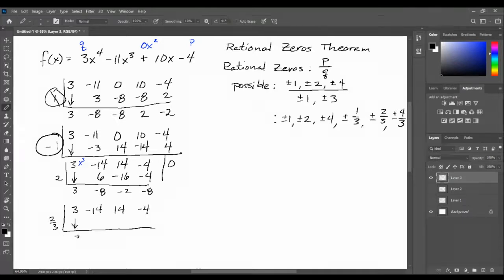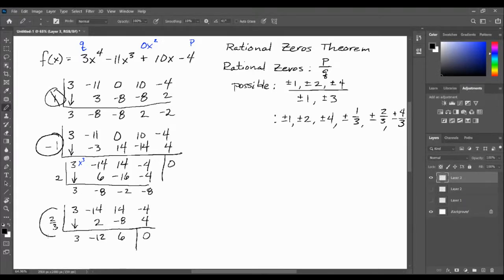Because when I bring down the 3, times 2/3 is 2, which I like. Because 2 plus negative 14 is a negative 12, which is also divisible by 3. Negative 12 times 2/3 is a negative 8. Add 14 is 6. 6 times 2/3 is 4, plus a negative 4 is 0.